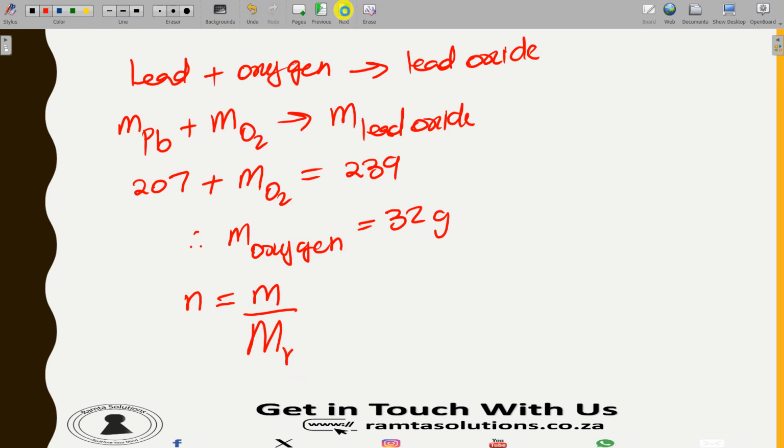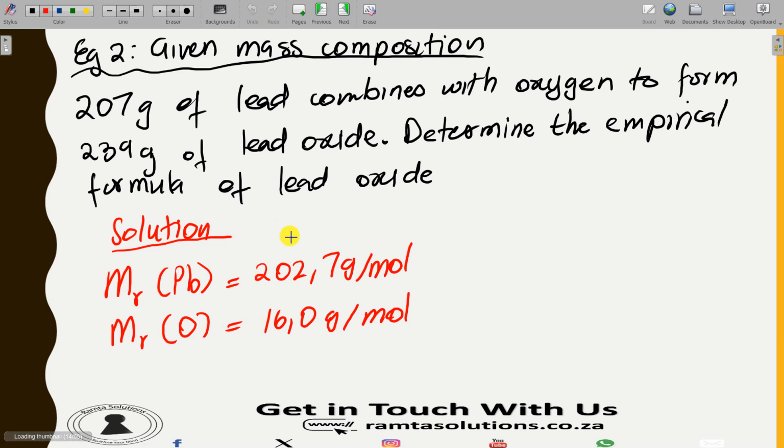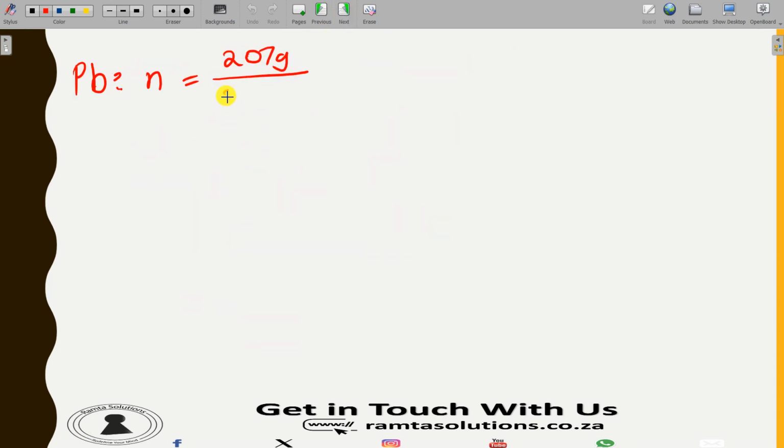So now let's go. Referring to lead, we have number of moles equals, we said the mass of lead is 207 grams. What is its molar mass? 202.7 gram per mole. Now let's refer to oxygen.